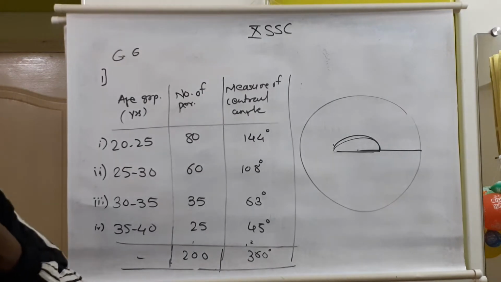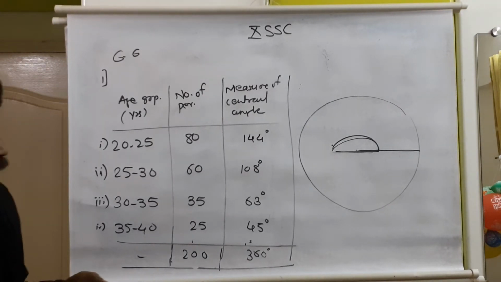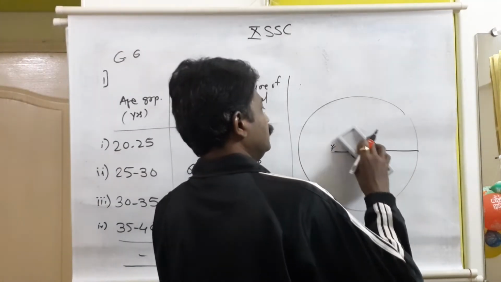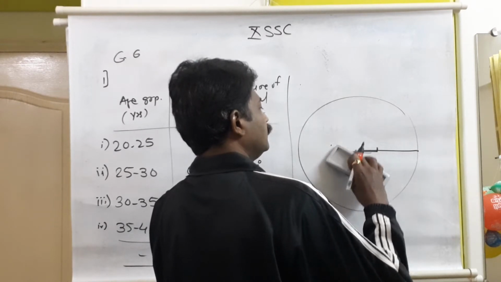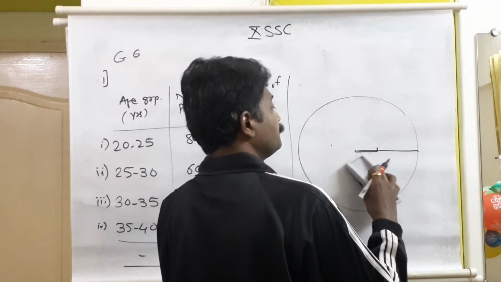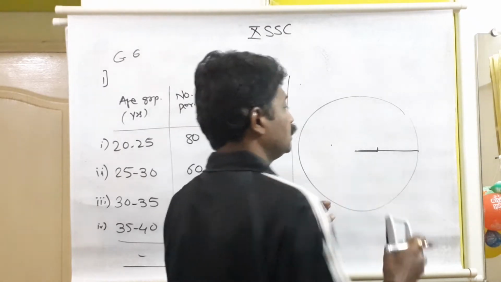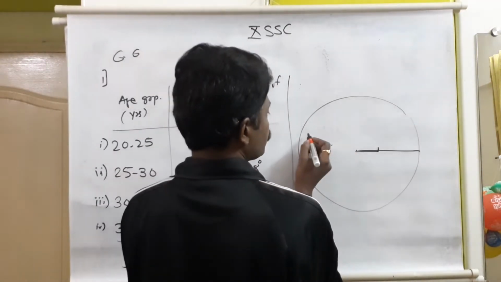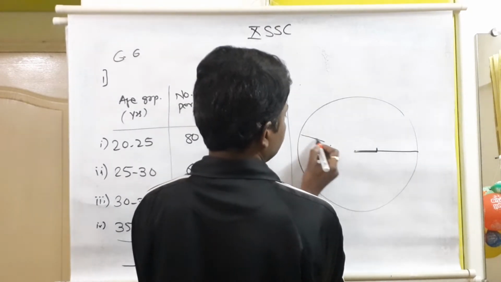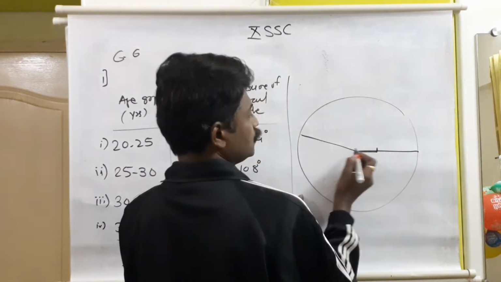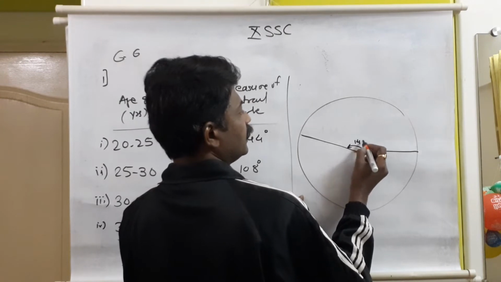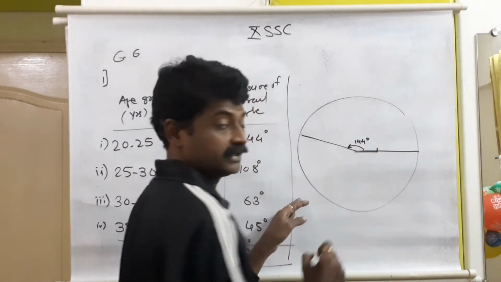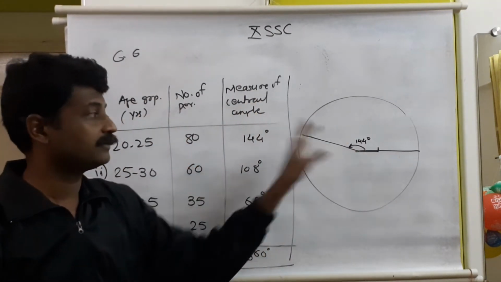Then remove the protractor from there and we can draw a line which will give us a sector whose central angle will be equal to 144 degree. So keep the scale and with the help of a pencil complete the line. It shows this angle is 144 degree.